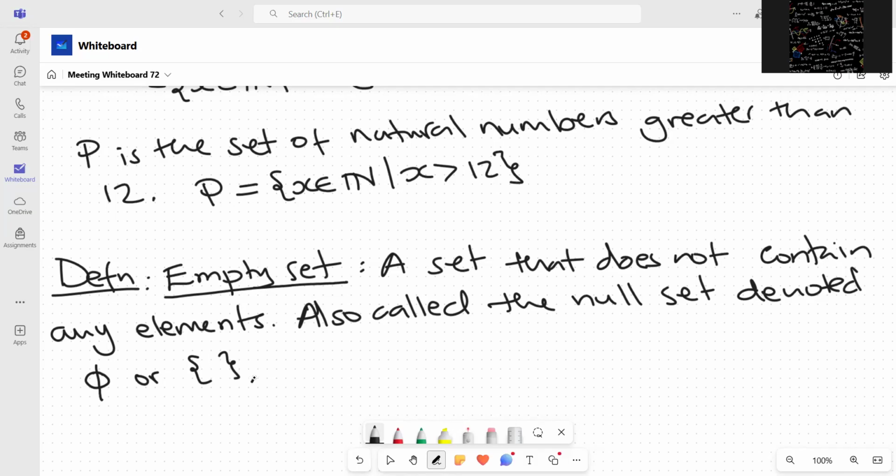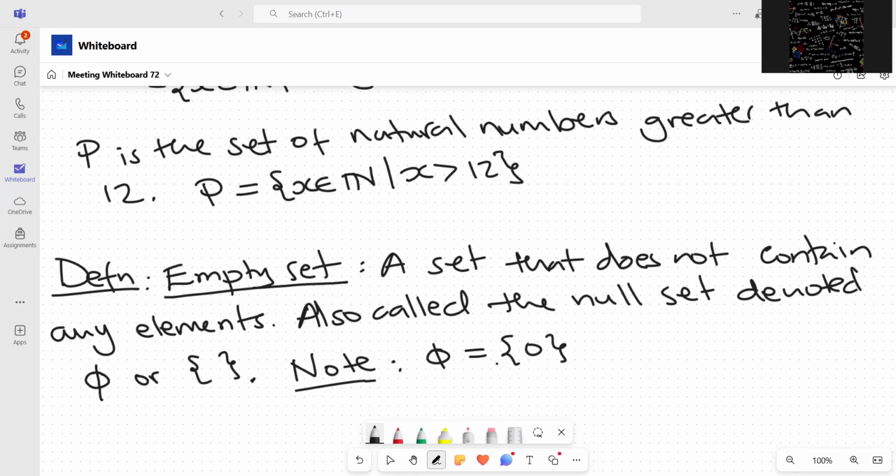Some sets do not have elements. That does not mean they are not sets. They are sets, they just do not have any elements. These are the two symbols we use to denote them. Now, take note that phi is not the same thing as this.